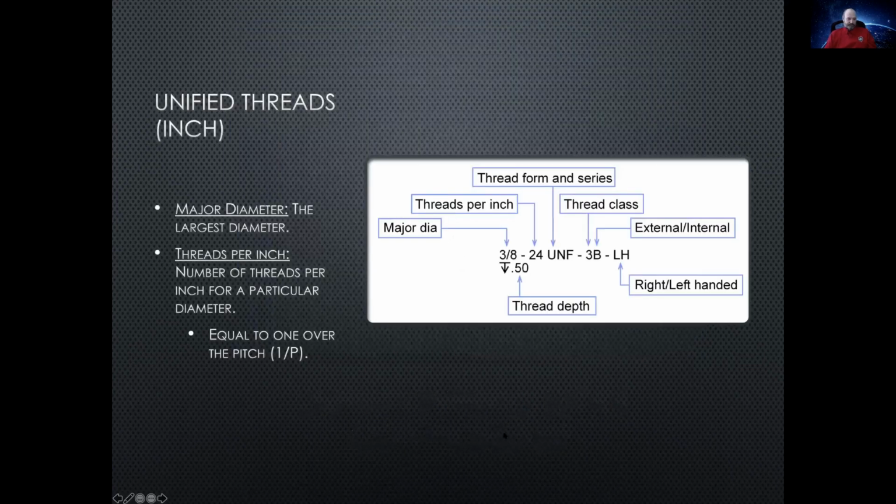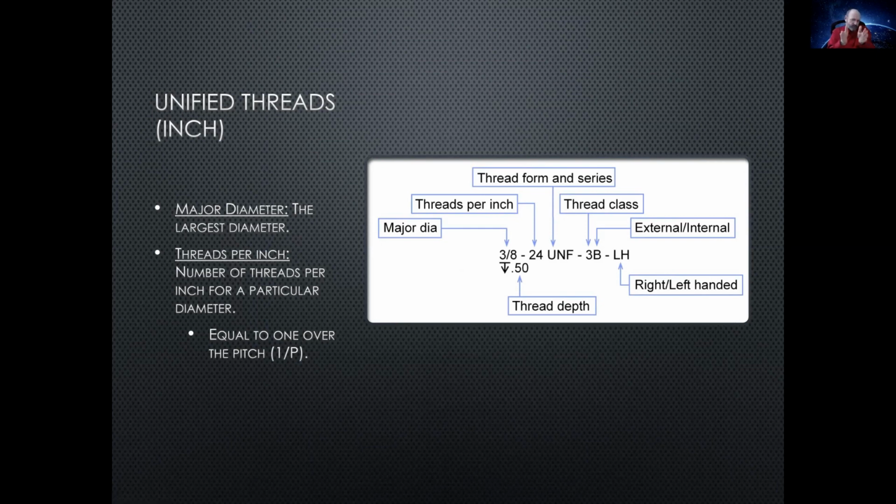All right, so here's some unified threads in inches. Okay, so we've got our major diameter. That's the largest diameter, remember from the schematics earlier on. Threads per inch, that gives you some indication of the pitch.